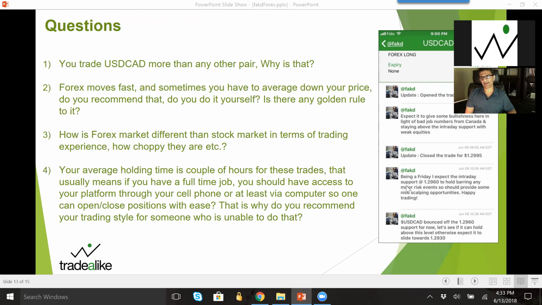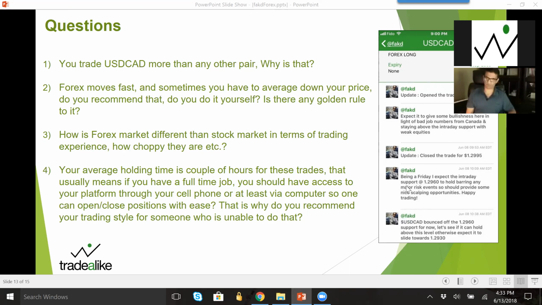Oil, yes, I read a lot, because the Canadian currency, the loonie, has a very strong correlation with oil. If oil is going down, this pair tends to move in the opposite direction, and vice versa. So I keep an eye on oil a lot because it has a very strong correlation with the USD CAD. But again, reading charts is my thing anyway.